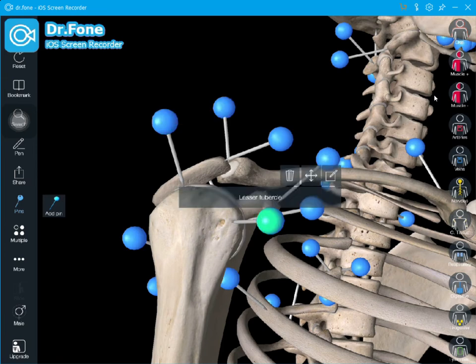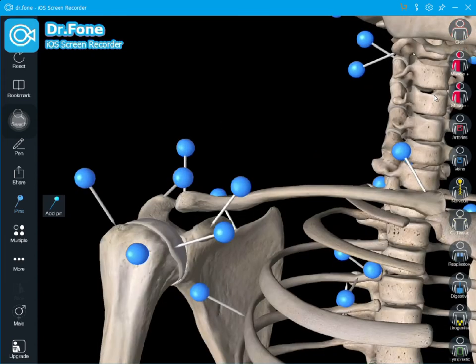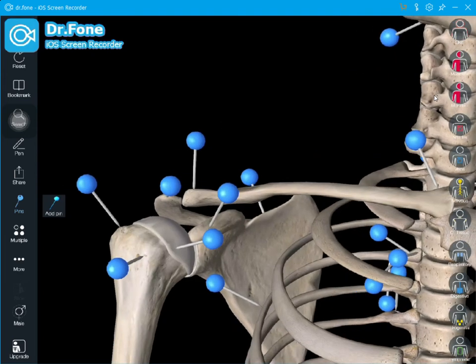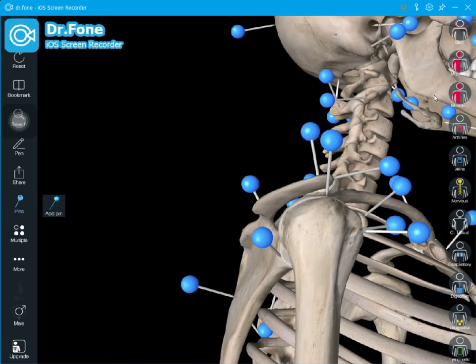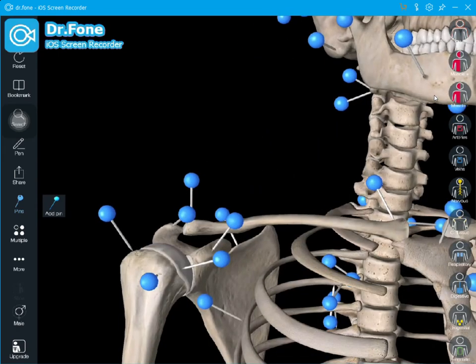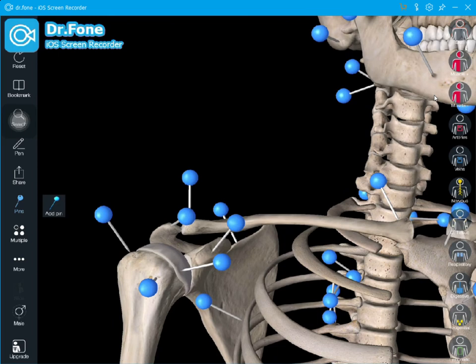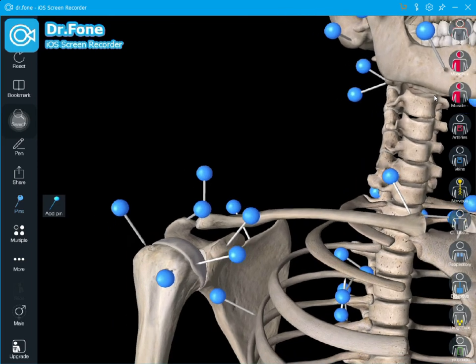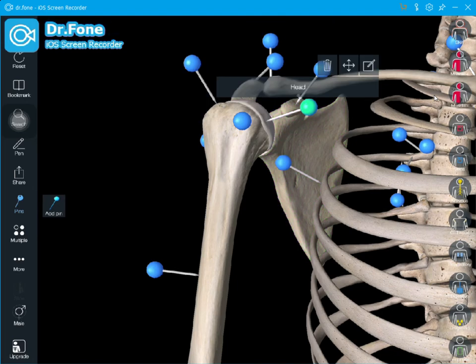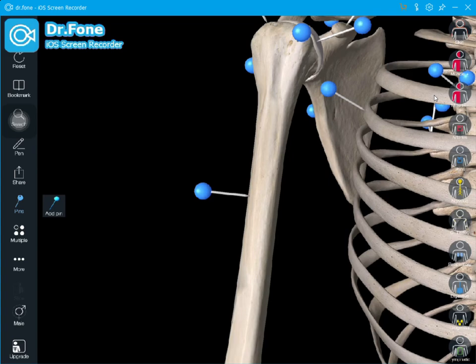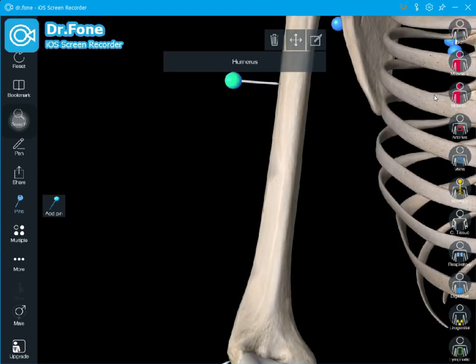This is your lesser tubercle, and the part of the scapula that your humerus attaches to, that's your glenoid cavity, and the part of your humerus that attaches to your scapula's glenoid cavity is the head of your femur. Humerus, head of your humerus, your femur, your femur that is on your leg. So the whole thing is called a humerus.